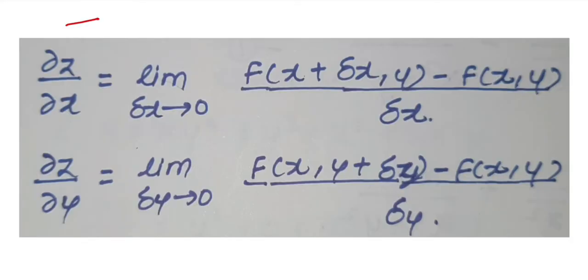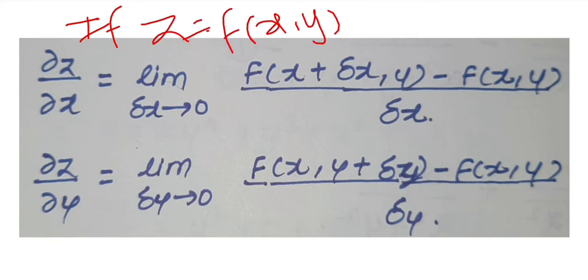So first we will consider z equal to f of x comma y, and here we will consider that both x and y are variables.